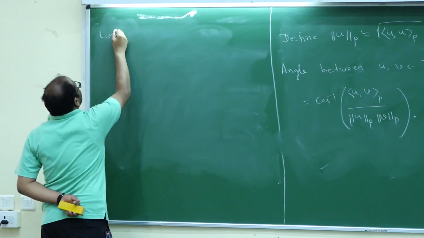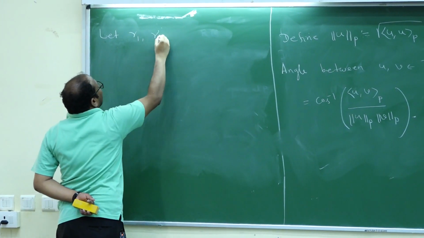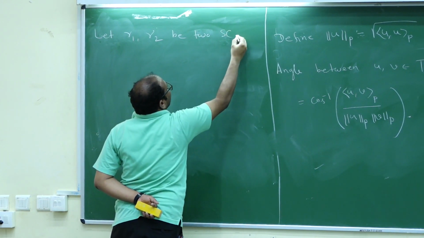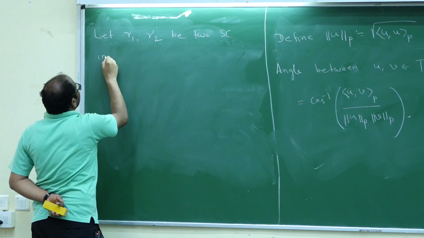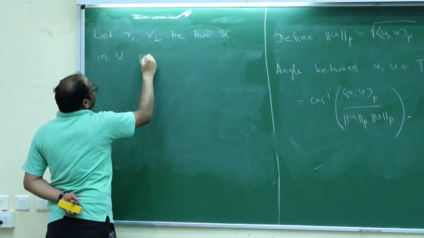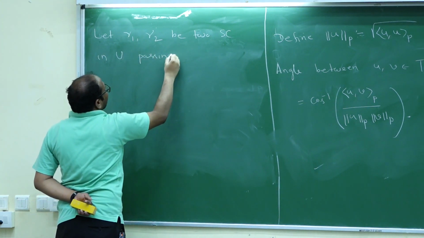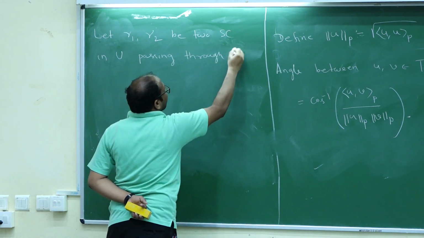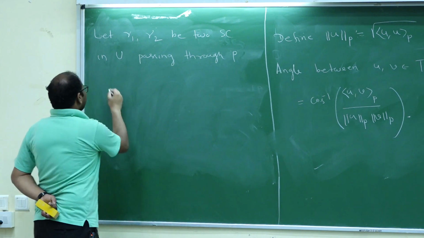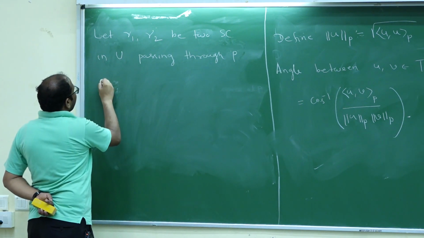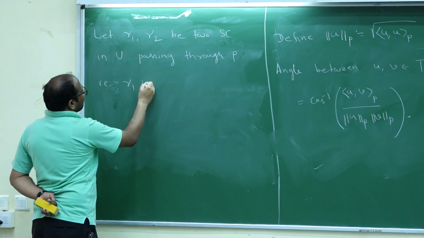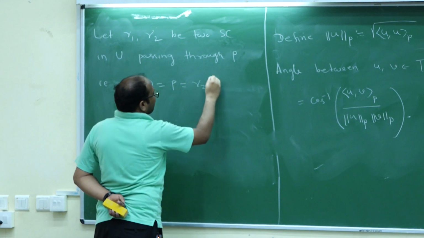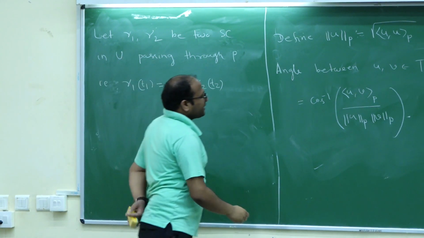So let gamma 1 and gamma 2 be two smooth curves in U passing through P. That means gamma 1(t1) equals gamma 2(t2) equals P. So this is my picture.